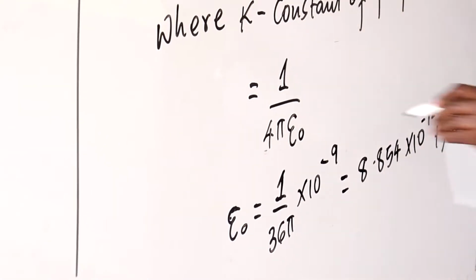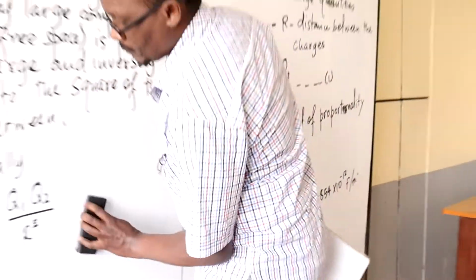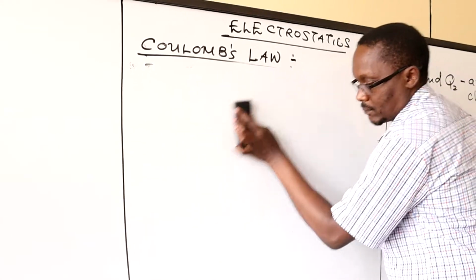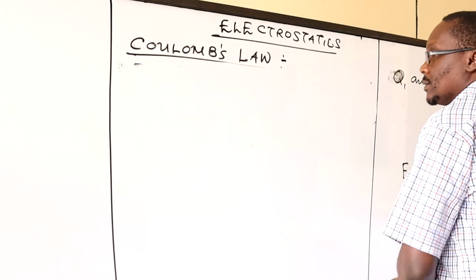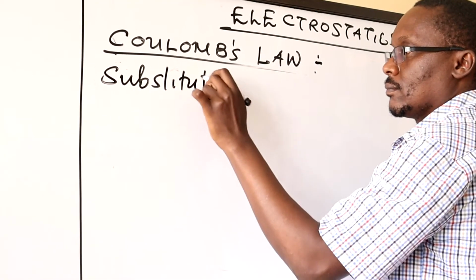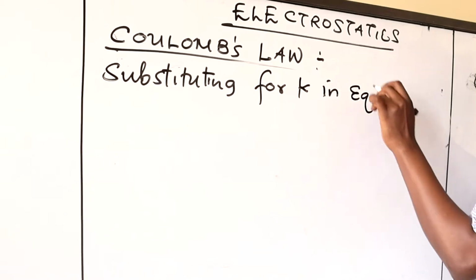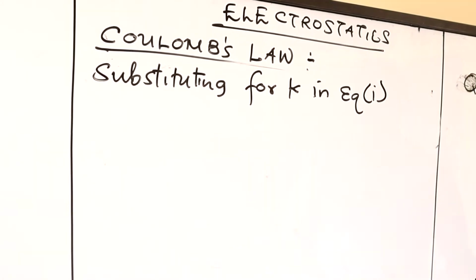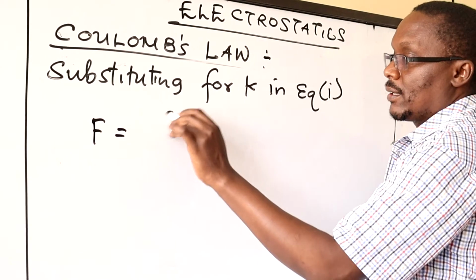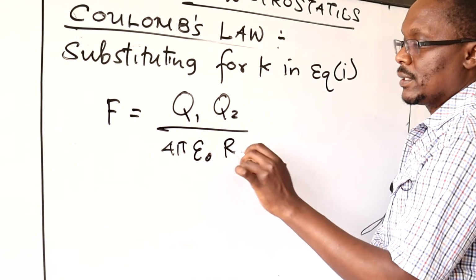So if we substitute our value of K in equation 1, we are going to say that our force will be given by Q1 Q2 all over 4 pi epsilon naught R squared.